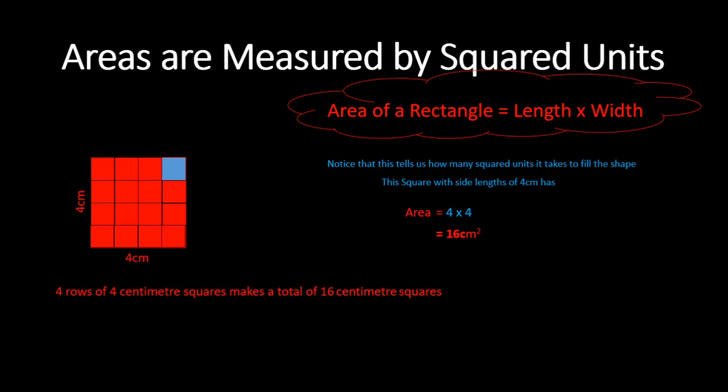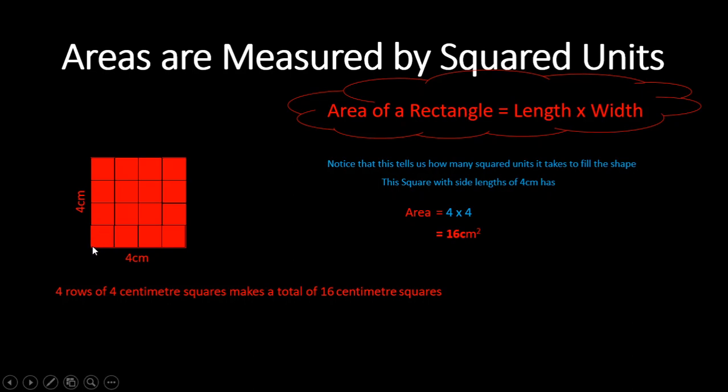See how I filled the shape with squares? Each of these squares represents 1 centimeter squared. It's a squared unit of measure. Notice that it takes 4 of these centimeter squares to make up a length of 4 centimeters. But it's not just a one-dimensional length, it also has an area inside it.